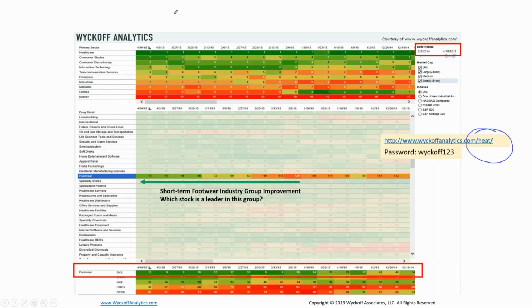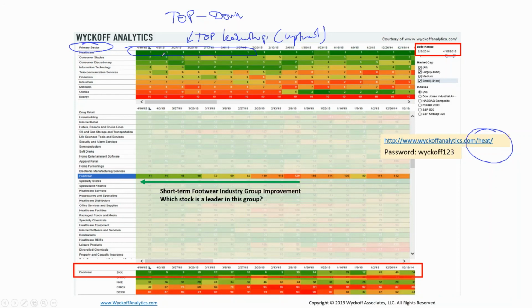Here we're basically exploring the top-down approach, where we look at the sectors first and we define the leadership. We define the leadership as the top leadership, so most likely this is going to be already in the uptrend, depending obviously on the market conditions.